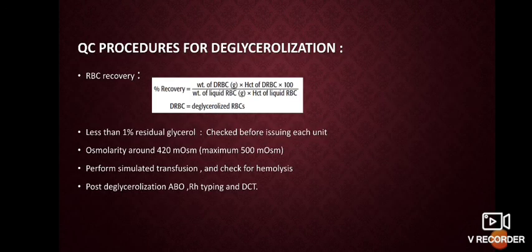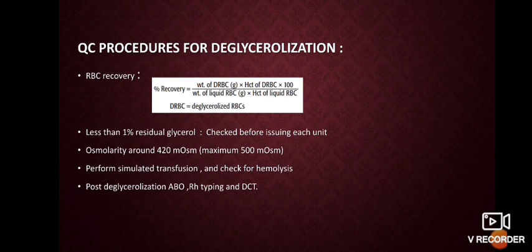And the QC procedure for this is that the percentage recovery has a formula: weight of the deglycerized RBC × HCT of that × 100, divided by weight of the RBC in gram × HCT of the liquid RBC. In any product, there should be less than 1% residual glycerol, which has to be checked before issuing each unit. And the osmolality should not exceed 420 milliosmoles.